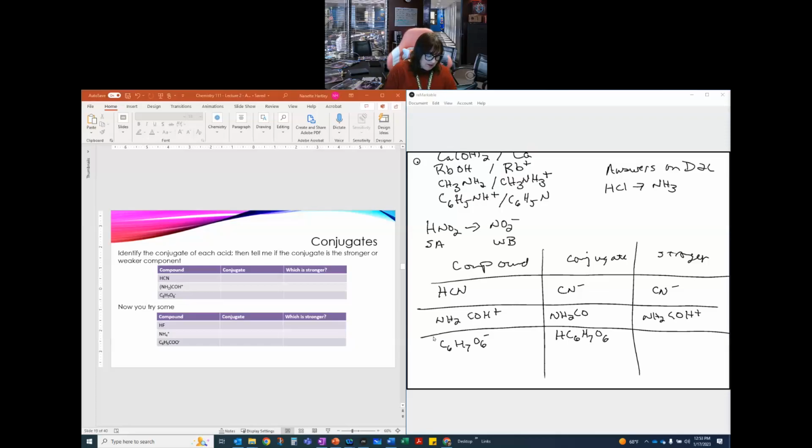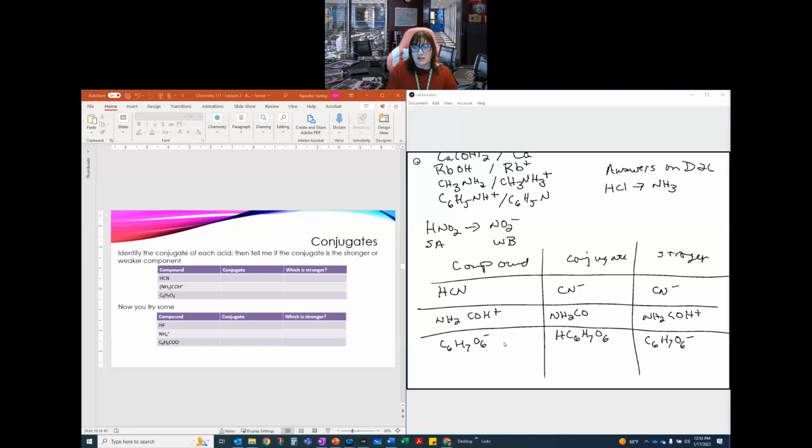And the question becomes, does the anion have more ability to pull in that proton, or does the acid have more ability to give it away? It's a weak acid, so chances are that the C6H7O6 minus is the stronger one. So it will pull protons from other places, okay? So that's what we're looking at there, is what kind of species is it?